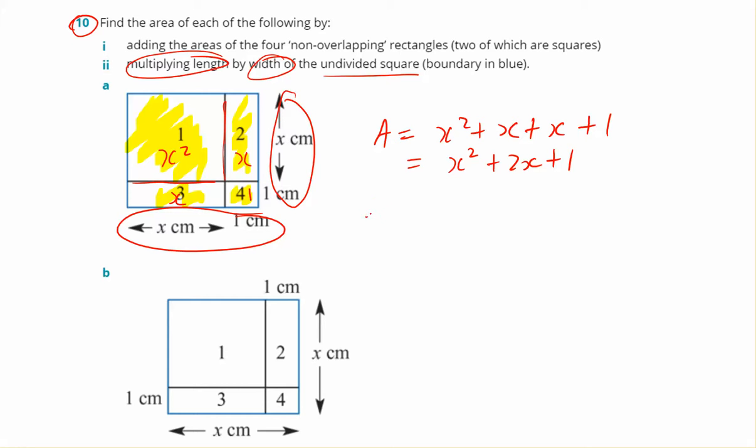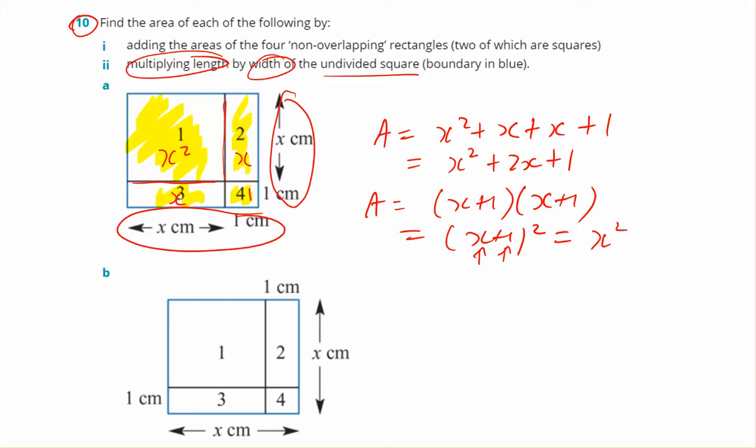The area is given by x plus 1 times x plus 1, which is x plus 1 squared, which we know is a perfect square, so we expand by squaring the first term, multiplying the first term by the second term, so 1 times x, doubling it, so that's 2x, and then squaring the last term, which is just 1. As you can see, we get the same result. The question was just testing whether you can do a perfect square both ways.